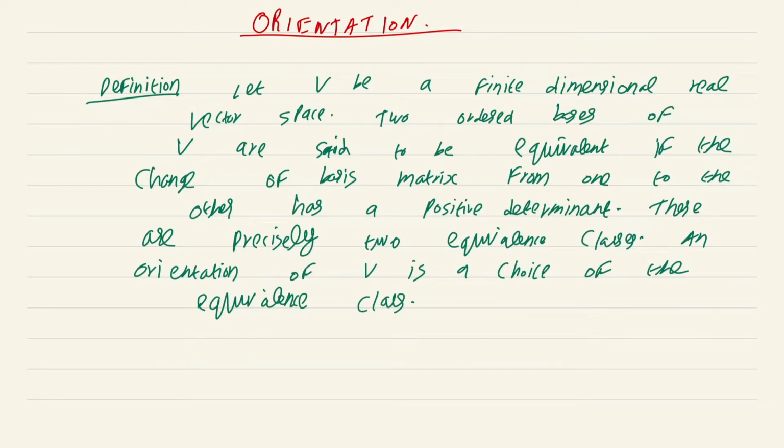So orienting a vector space is rather simple. You just choose one ordered basis, and deem that to be the orientation. You can do that.